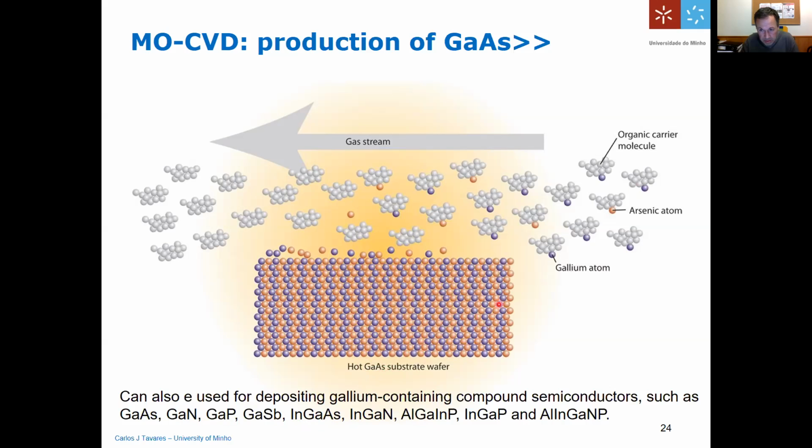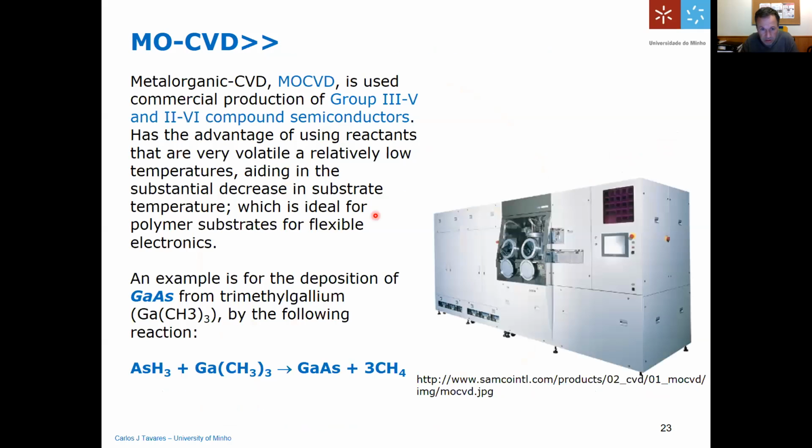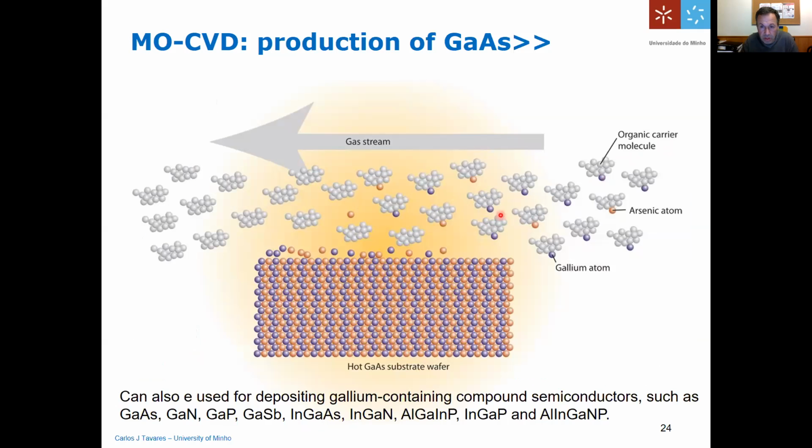Okay, but in any case, you will have these organic carrier molecules. For example, the purple ones are the ones which have the gallium atom. So this is trimethyl gallium. Okay, and this precursor is this one, it's AsH3, okay?